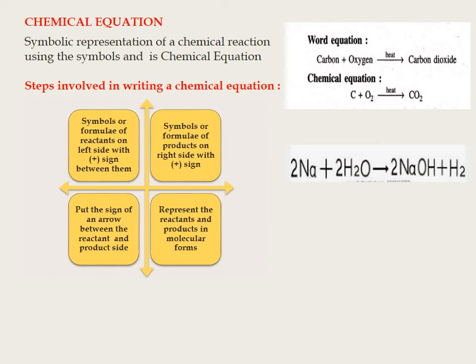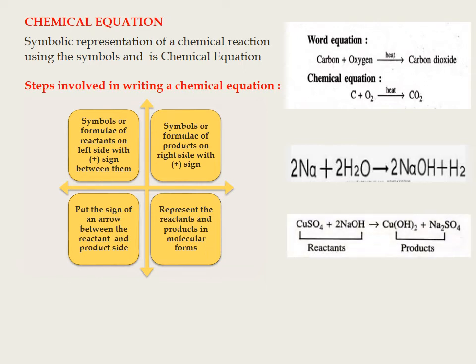2NaOH plus H2. A chemical equation tells us what substances are involved in a given reaction, that is reactants, and what substances are formed as a result of the reaction, that is products. In the example, CuSO4 plus 2NaOH gives Cu(OH)2 plus Na2SO4.